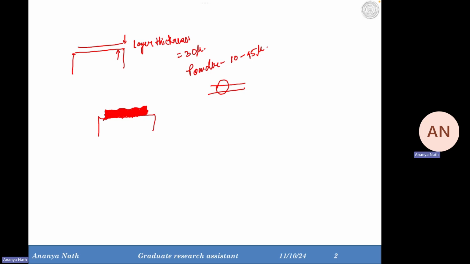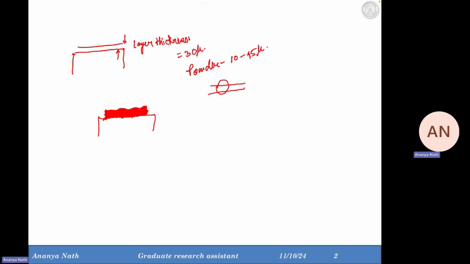At the micron level, there will be undulation or waviness over the surface after the laser consolidation. And due to the waviness, the actual layer thickness will decrease after melting and solidification.